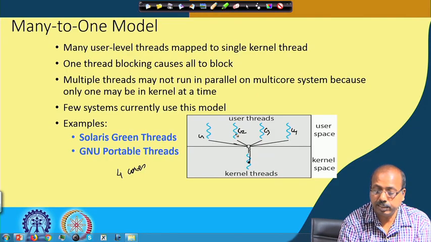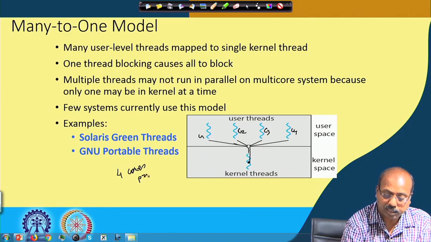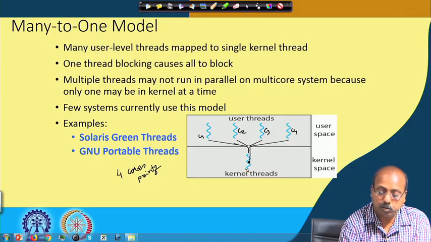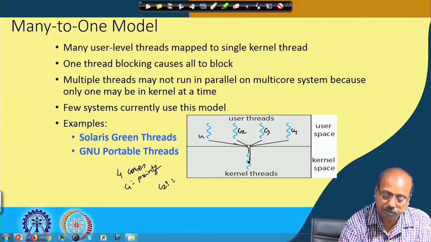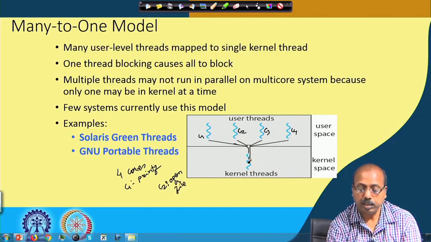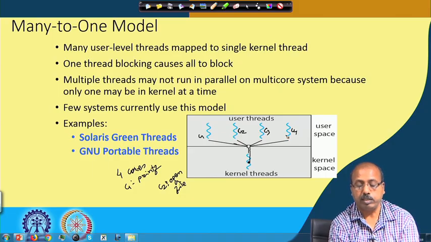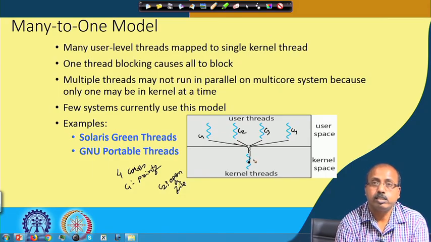Then if C2 in its execution also needs to make a system call, maybe C1 wants to print something, so it has made a call to printf, and as a result it has gone into kernel mode. Now C2 also wants to make a call, maybe not printing, maybe opening a file. But this thread cannot proceed because only one kernel thread was there for the C1, C2, C3, C4 group of user threads, and that is now busy with C1's system call.